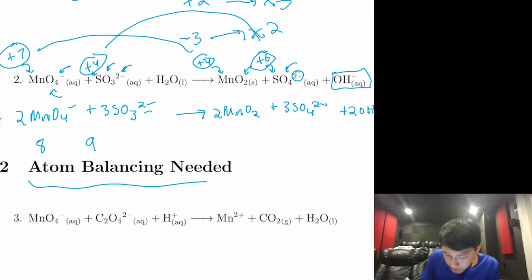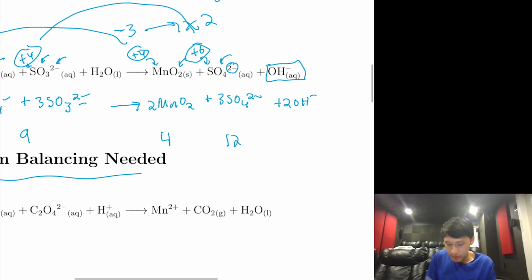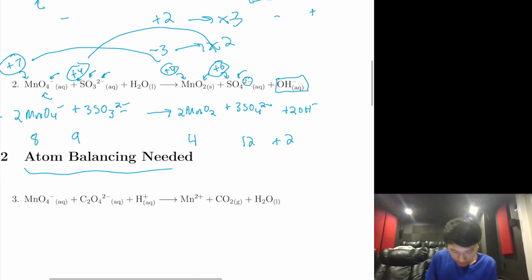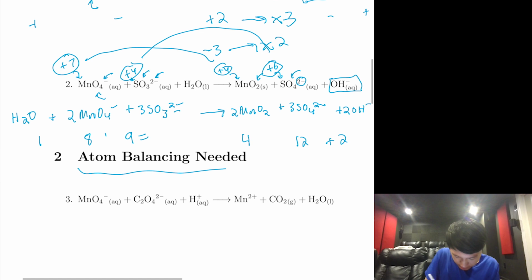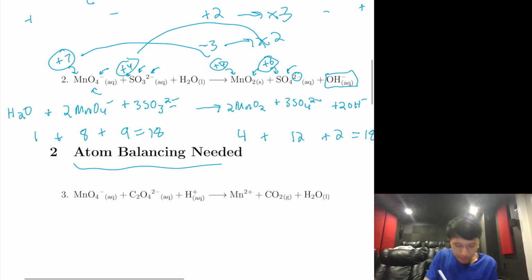On the right, we're going to have 4 oxygens from the MnO2 and 12 oxygens from the sulfates and 2 oxygens from the hydroxides. This side, when you add this together, that gives you 18. This side, when you add this together, that also gives you 18. The amount of oxygens are equal, we balanced it correctly. Therefore, we know that this is correct.